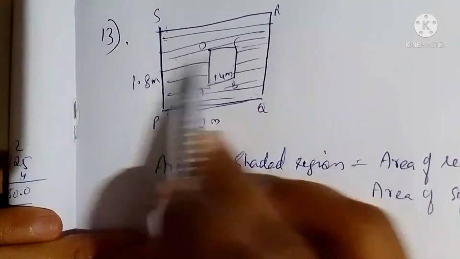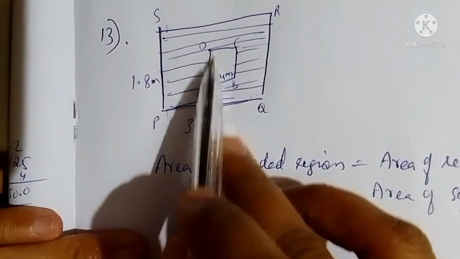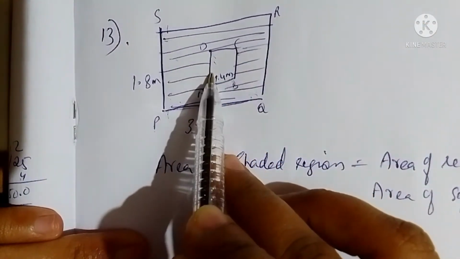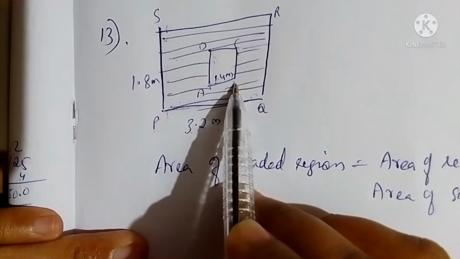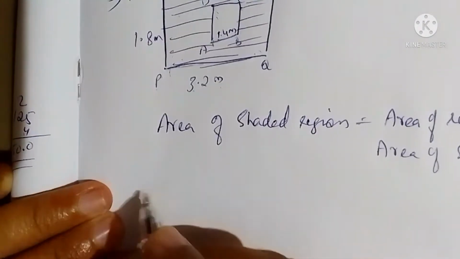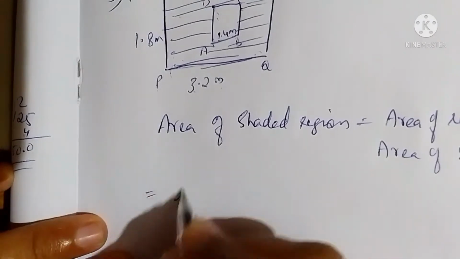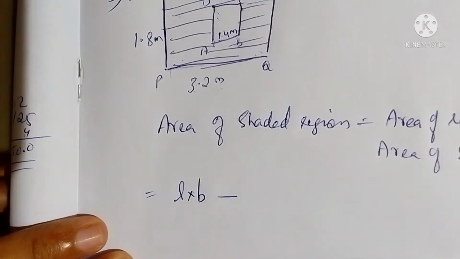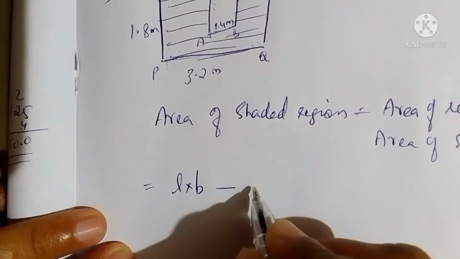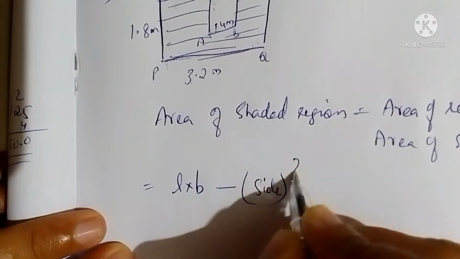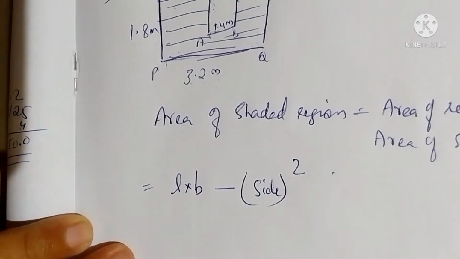From the area of the rectangle we are subtracting the area of the square. We will get the remaining area. Area of rectangle is L into B, minus area of square, which is side square. This is the formula for finding the area of a square.